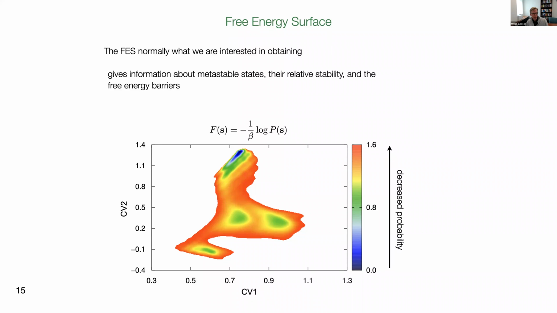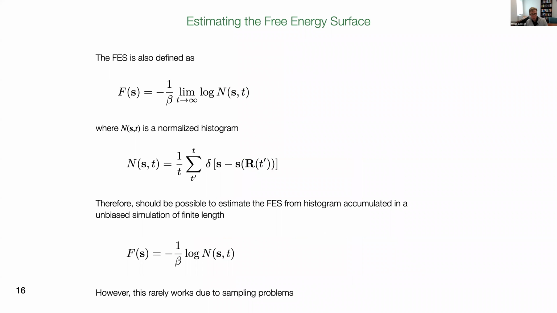Okay. In principle, we could estimate the free surface directly from an unbiased simulation, meaning we could define the free surface in the following way here, where n is a normalized histogram. So we could just run the simulation, count where this collective variable is, and obtain a histogram of that.